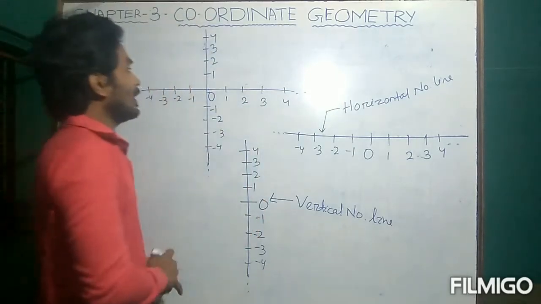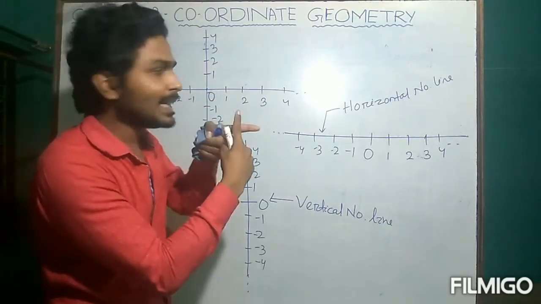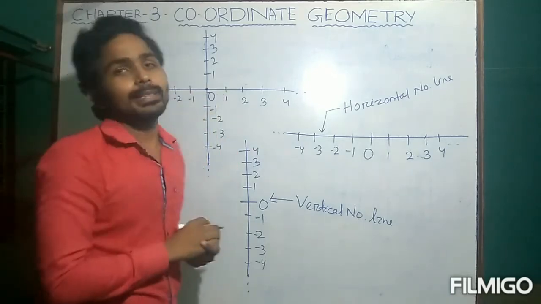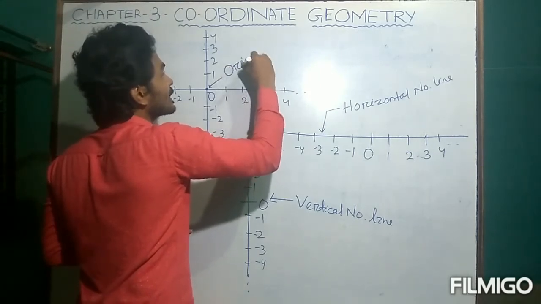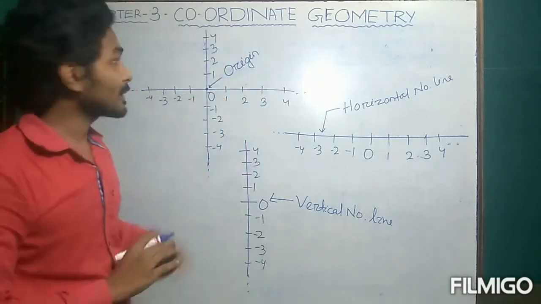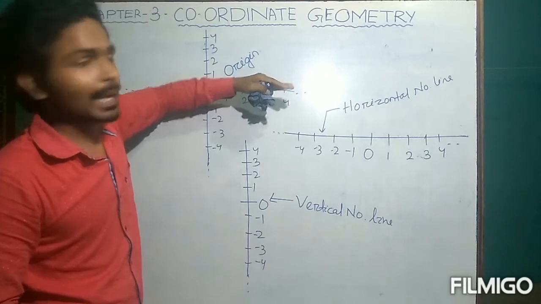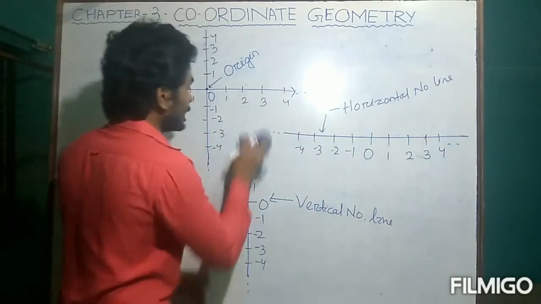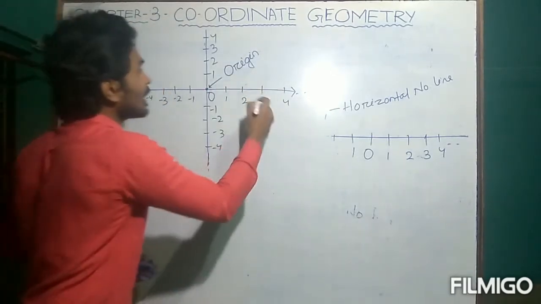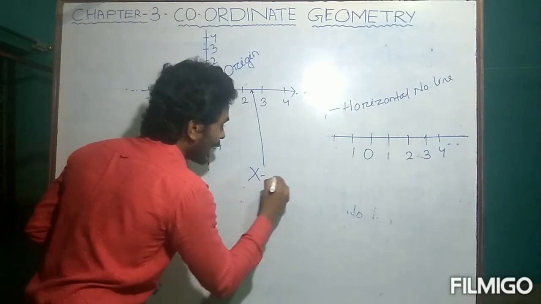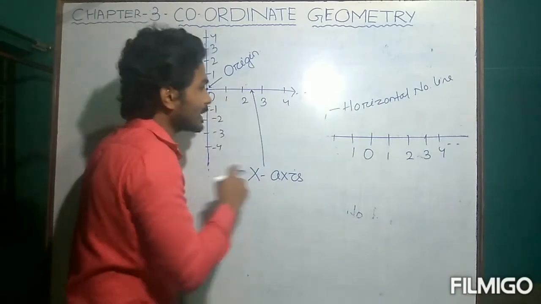Now this point where the two number lines meet each other is known as the origin. And this horizontal number line is called the x-axis.